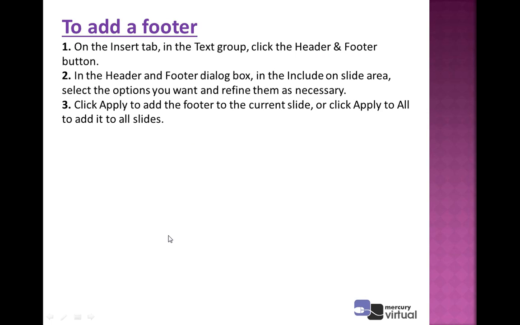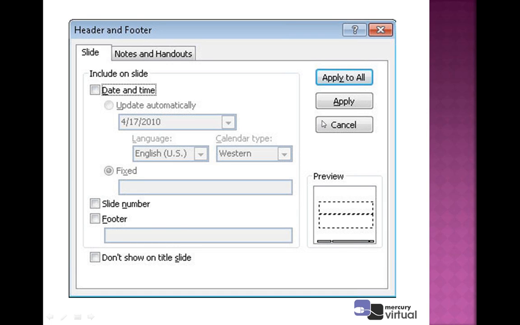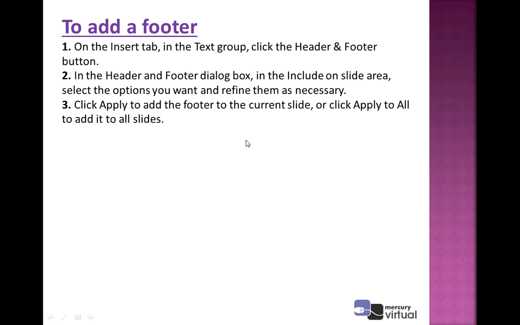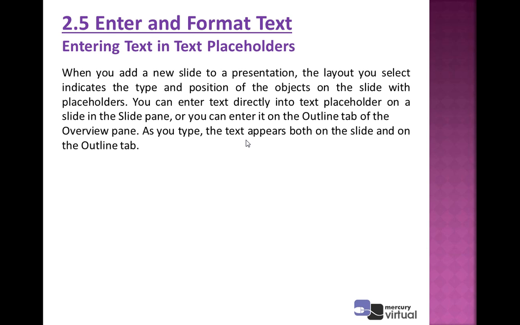In this we can write anything in the footer. And then if I click on Apply, this will be applied only to the current slide. If I click on Apply to All, that will be applied to all the slides that are available in PowerPoint 2010. These are the steps used to add a footer.